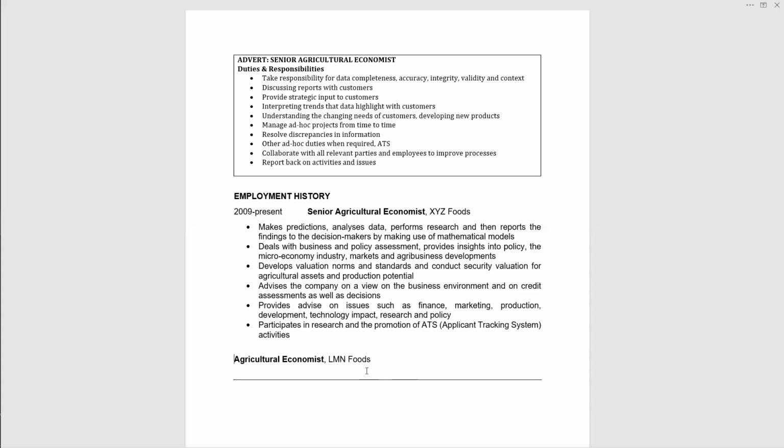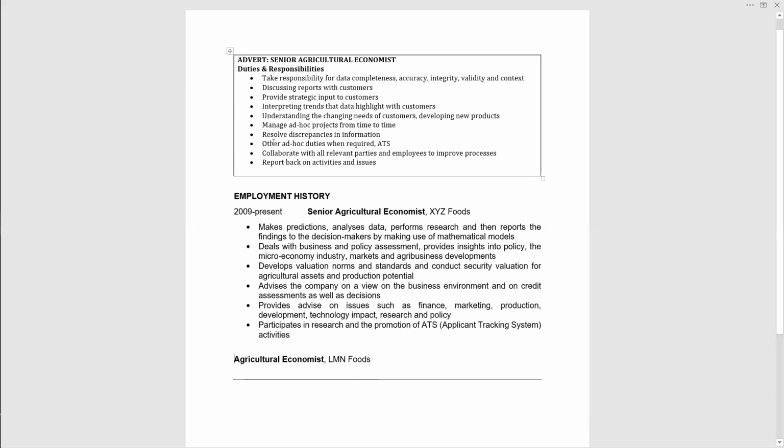So yeah, that is it with your employment history. Just work on it. It doesn't have to be 2 pages long, guys. You don't have to include every single thing that you do in your current job on your CV. Use your advert as a guide.